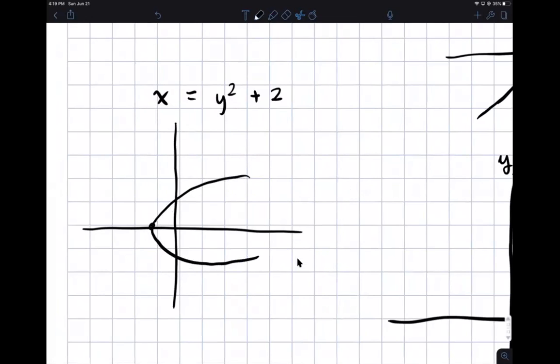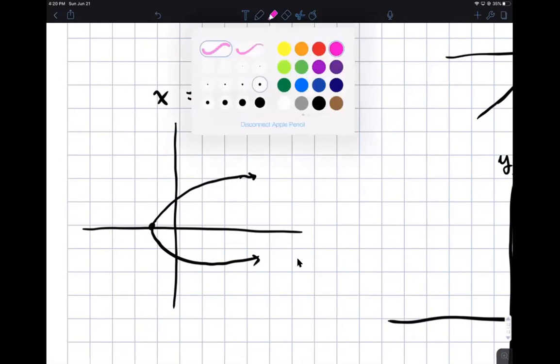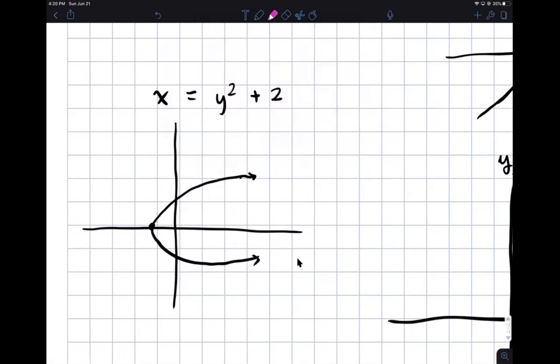All right, now looking at this, do you think it's a function or not? It is not a function. Do you know about the vertical line test?